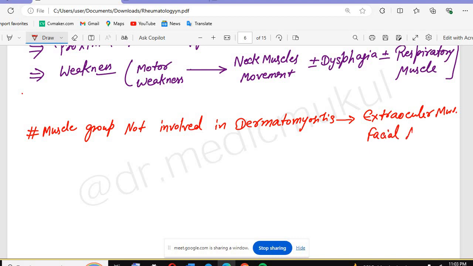Extraocular and facial muscles would not be involved in dermatomyositis or any inflammatory muscle disease. Can we revise it together? The muscle groups not involved in IMD are the extraocular muscles and the facial muscles.